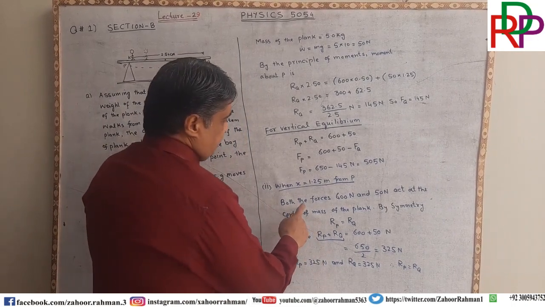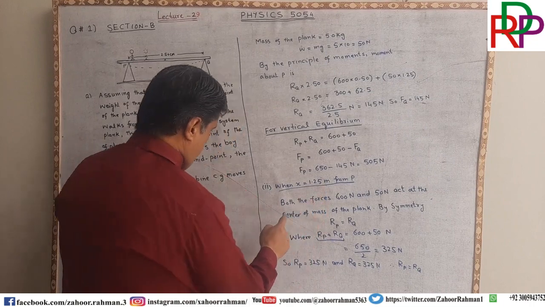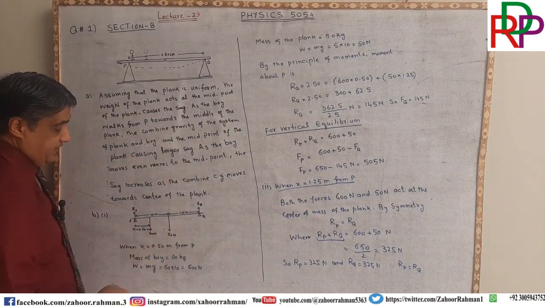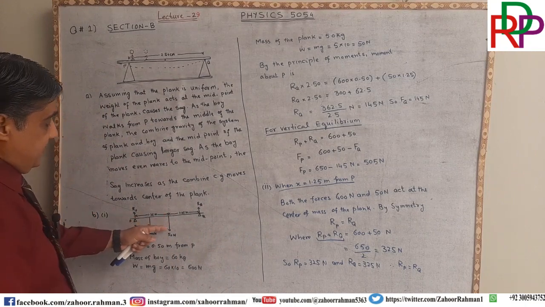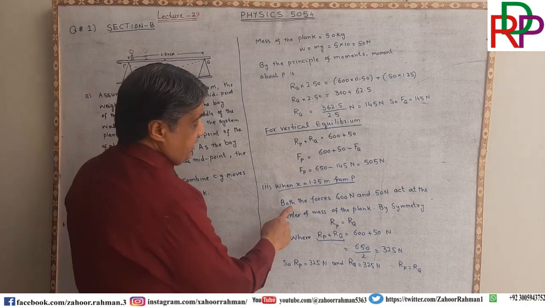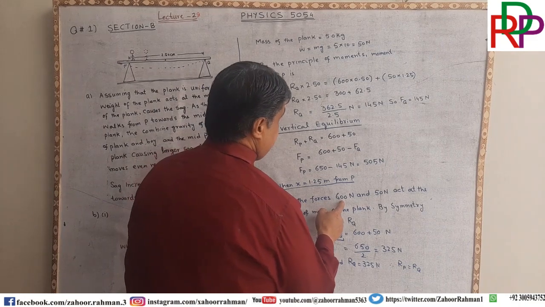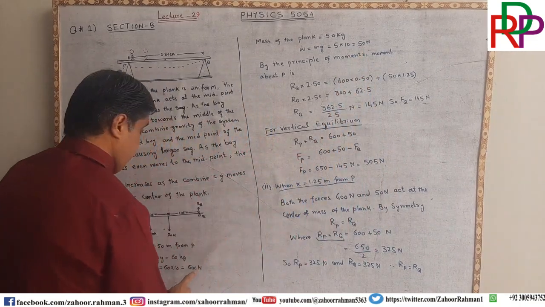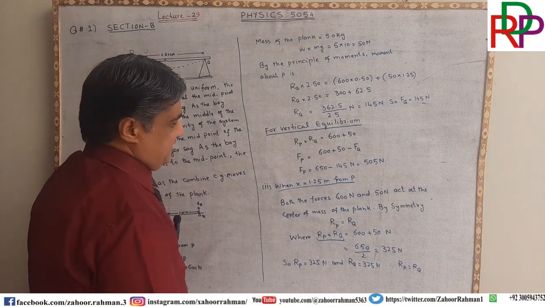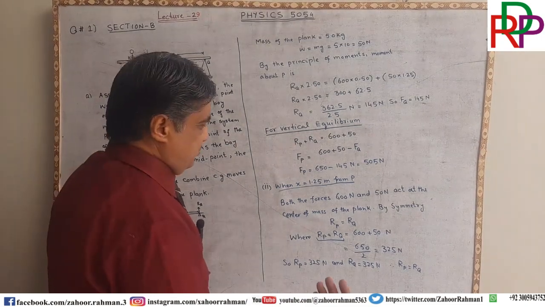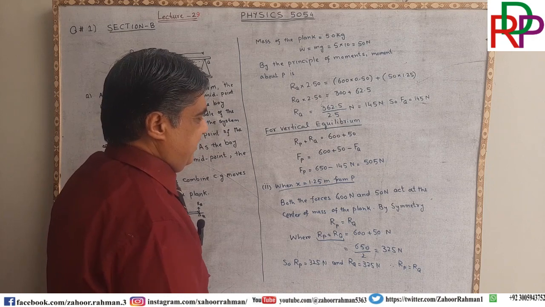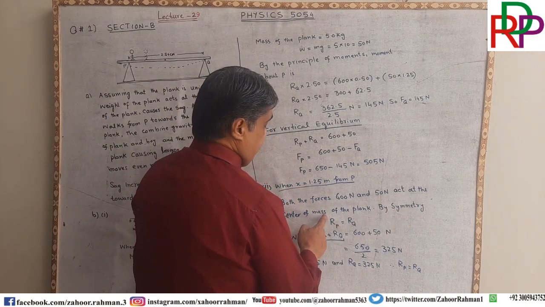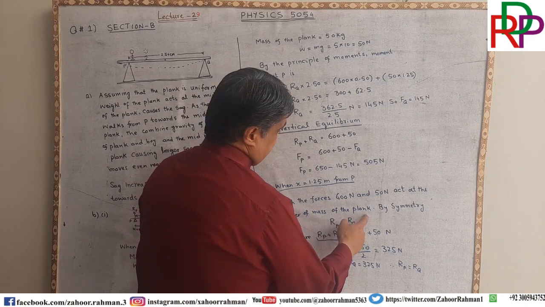So where is 1.25? You can see that it is at the midpoint. When the student is at the midpoint, both the forces 600 Newton and 50 Newton, one is the weight of the student and the second is the weight of the plank, act at the center of mass of the plank.